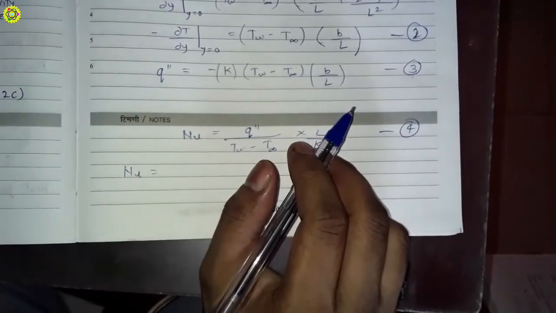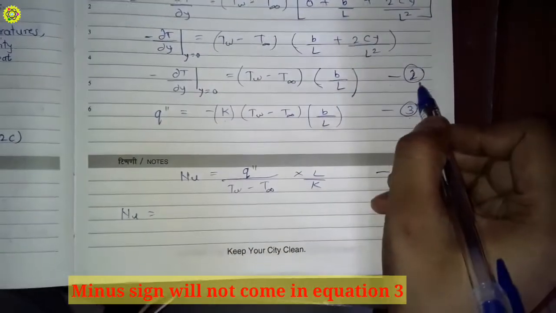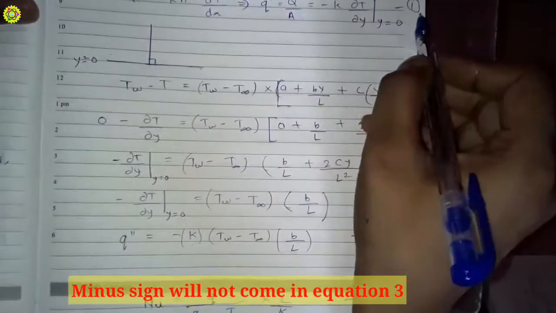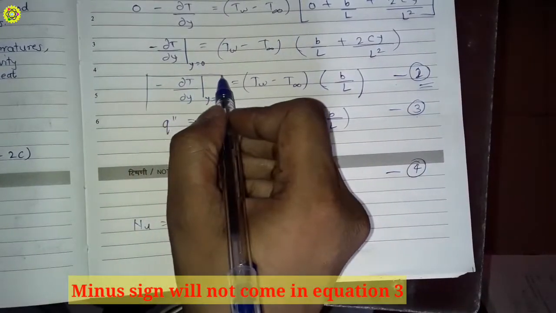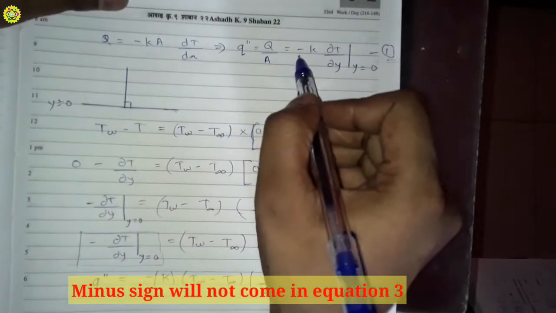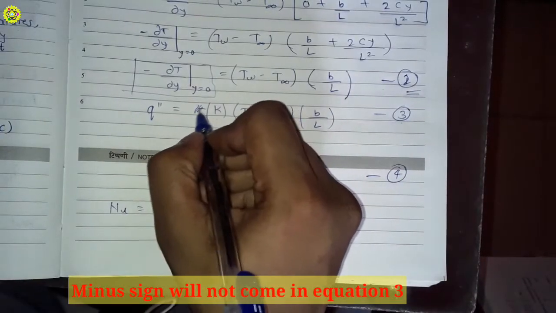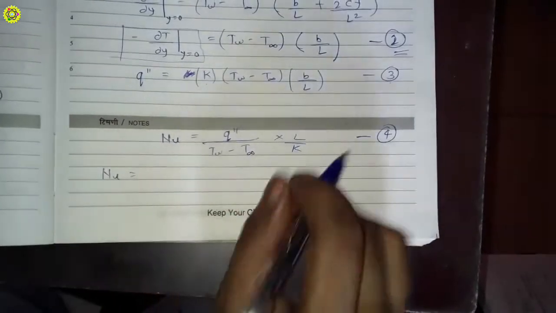Wait friends, see here, the value of equation 2 we have to put in equation number 1. Here we have minus dou T upon dou y at y equal to 0, and here also we have minus dou T upon dou y at y equal to 0, so this minus sign will not come.